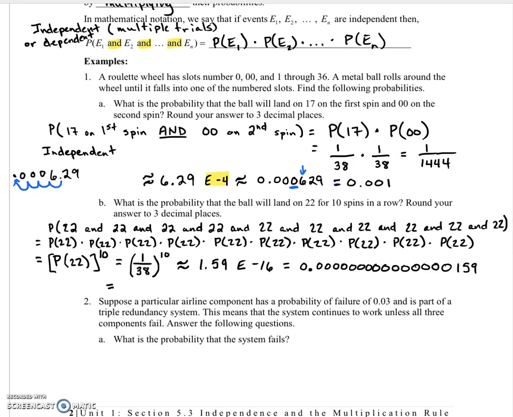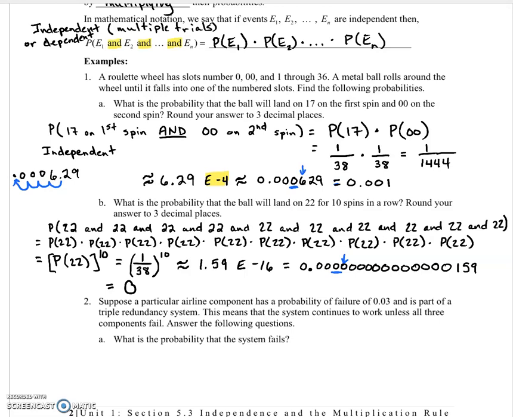So if we round this answer to 3 decimal places, there's our 3rd decimal place. We look at that 0. Effectively, our answer is 0. So that probability is super, super small. It's not impossible. It can happen, but it's not very likely.